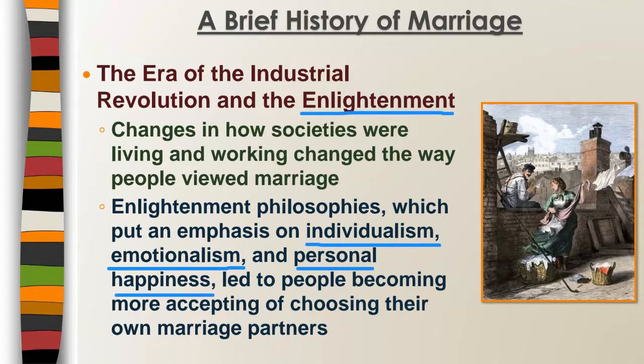And so this led people to become less accepting of arranged marriages. They wanted to be individuals, to fulfill themselves, to pursue their own personal pleasure and happiness. And so this concept of romantic love fits in pretty well with that philosophy. Rather than, let me marry whoever my dad makes a contract with me to marry.